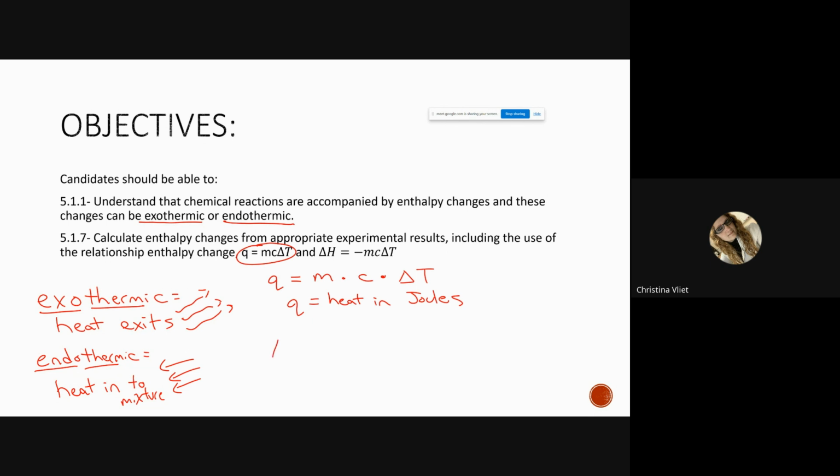And delta H. Delta, what's that? Delta H is M times C times delta T divided by little n. I would write down these formulas.